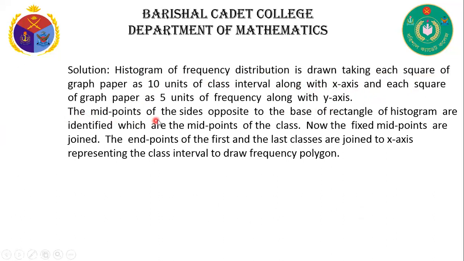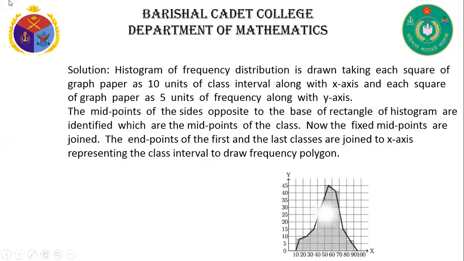The midpoints of the sides opposite to the base of each rectangle of the histogram are identified, which are the midpoints of the classes. Now the fixed midpoints are joined. The endpoints of the first and last classes are joined to the x-axis, representing the class intervals, to draw the frequency polygon. This is our frequency polygon.